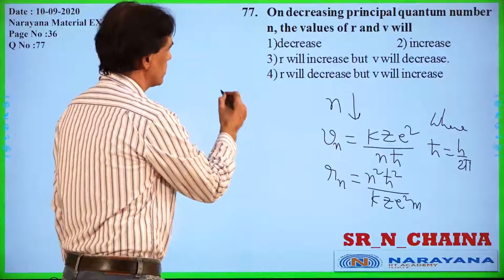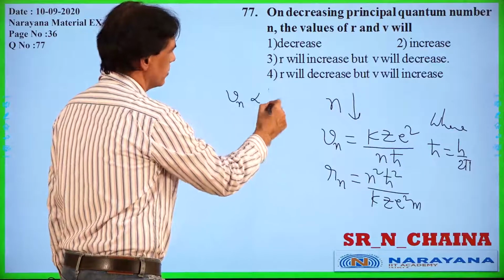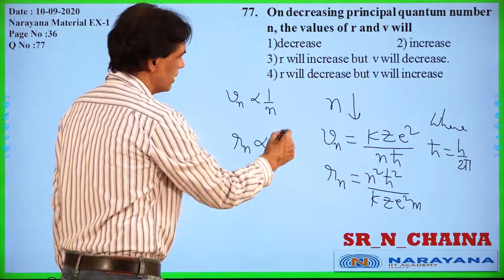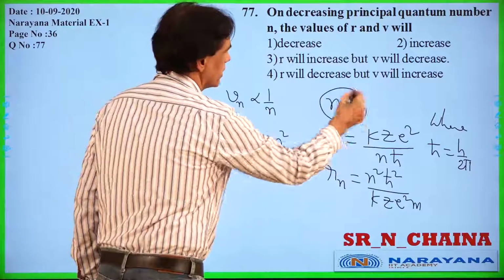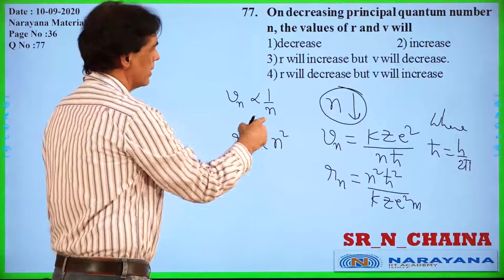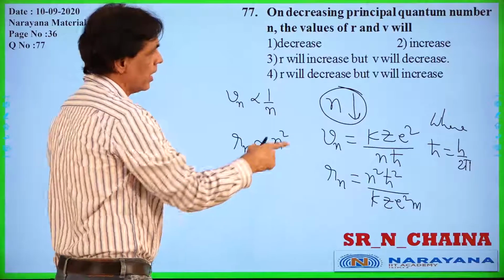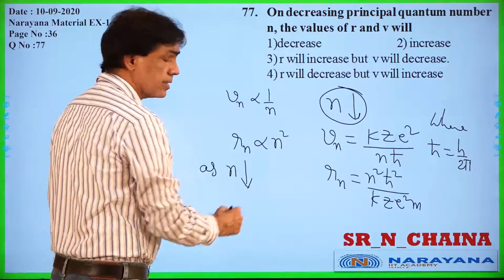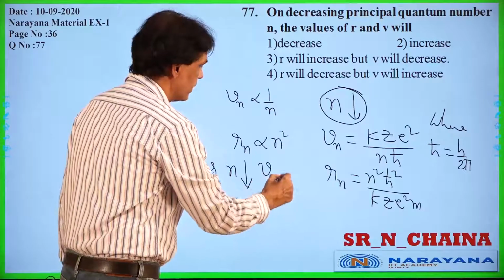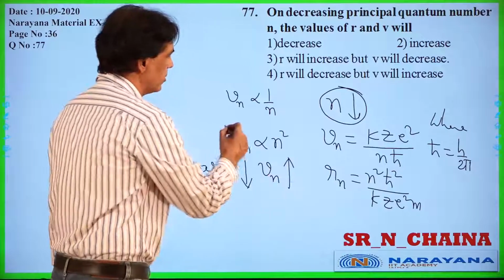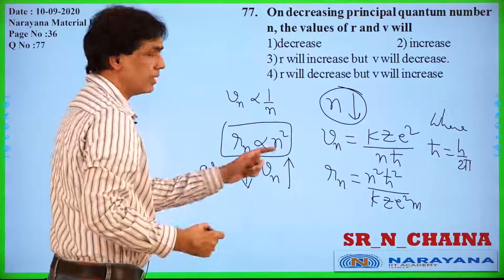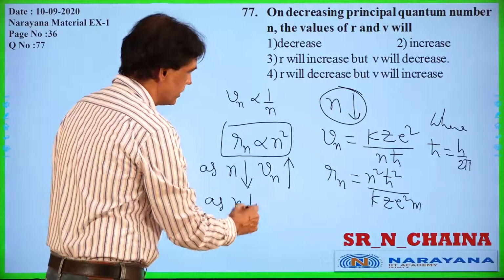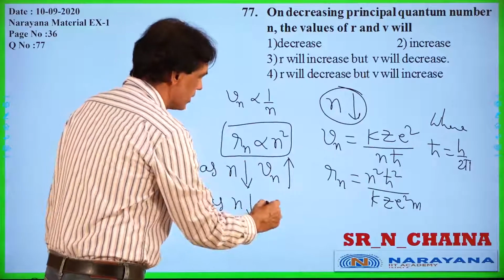If you see these equations, Vn is inversely proportional to n and Rn is directly proportional to n square. Now suppose you are decreasing the n value. Vn will increase obviously, as n decreases. And radius is directly proportional to n square, so as n decreases, Rn also decreases.